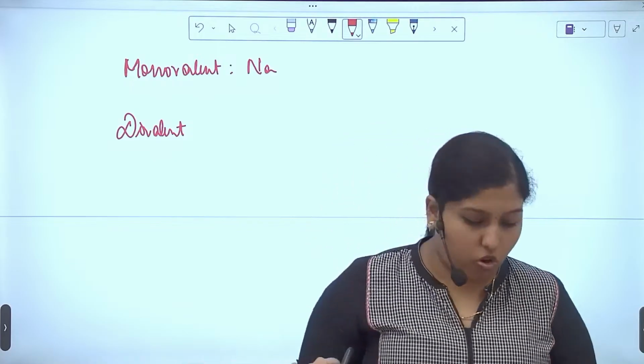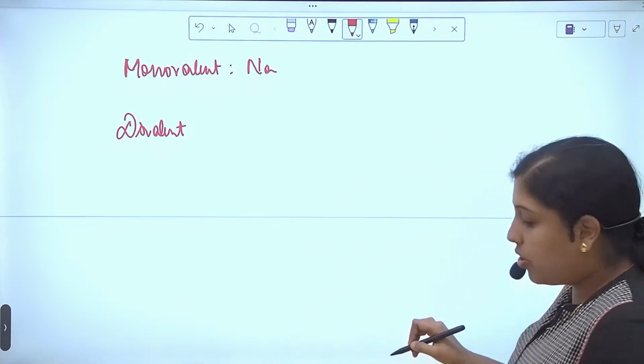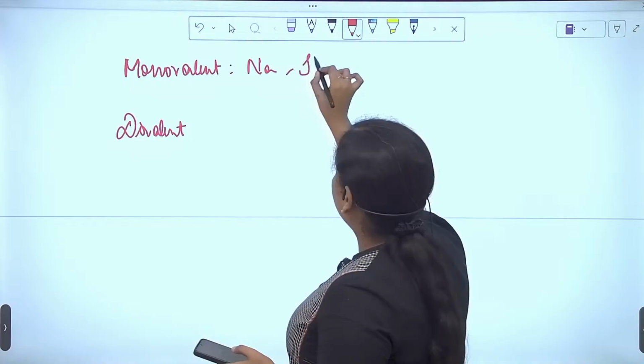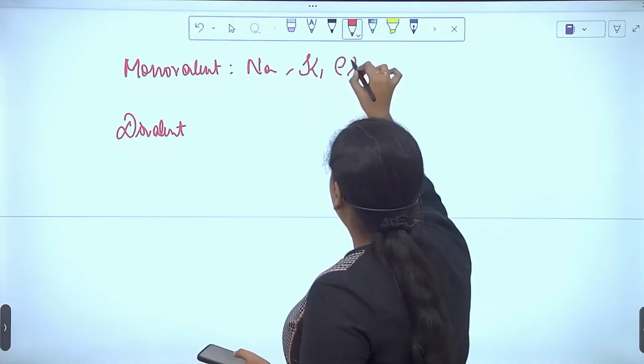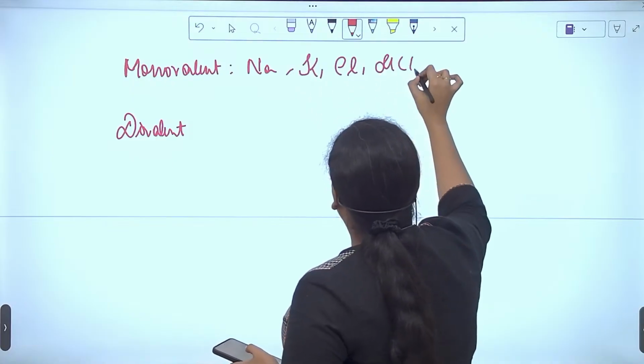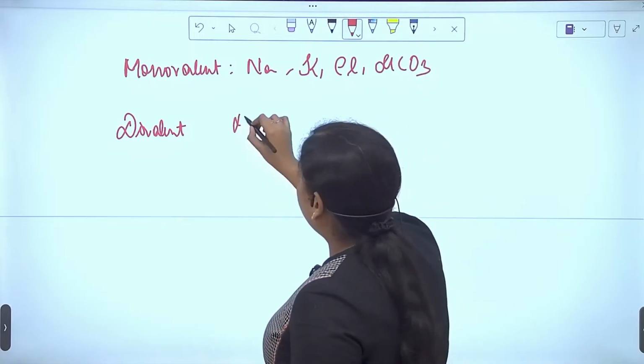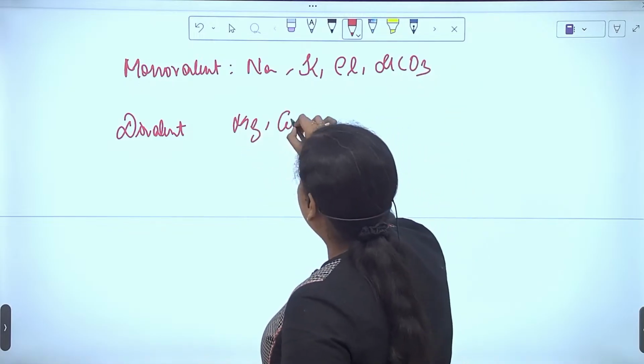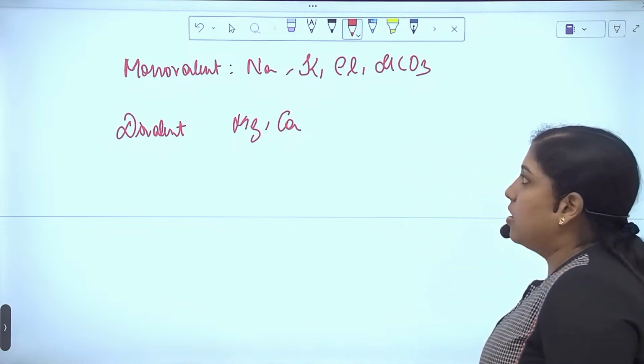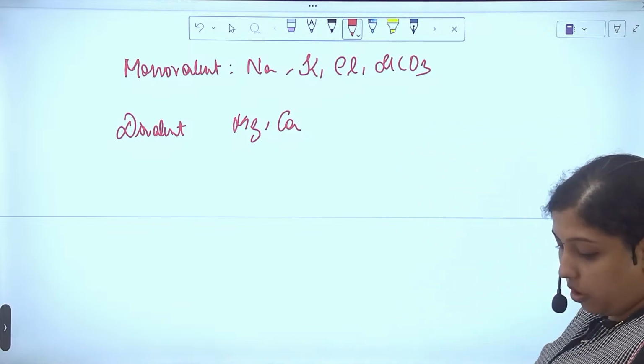Additionally, what all come under monovalent? Sodium, potassium, chloride, HCO3, all are monovalent, whereas your magnesium and calcium are your divalent.